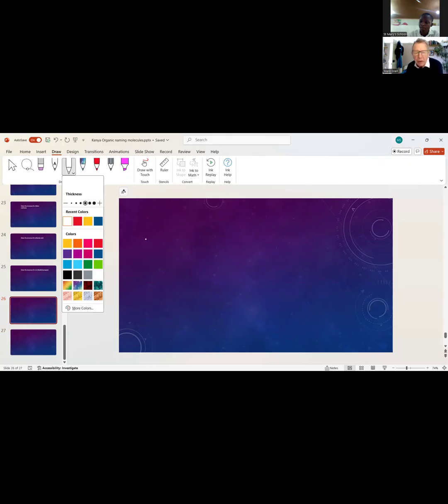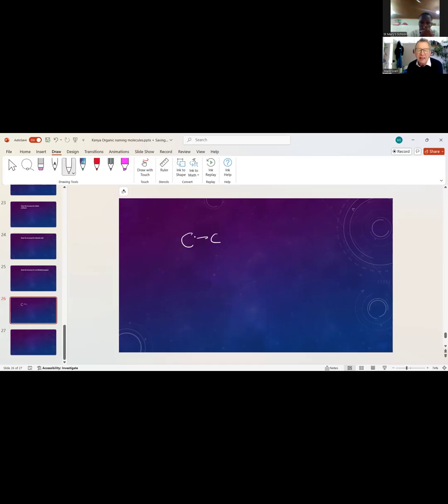So here are some molecules I'm going to draw, and I'd like you to see if you can name them.